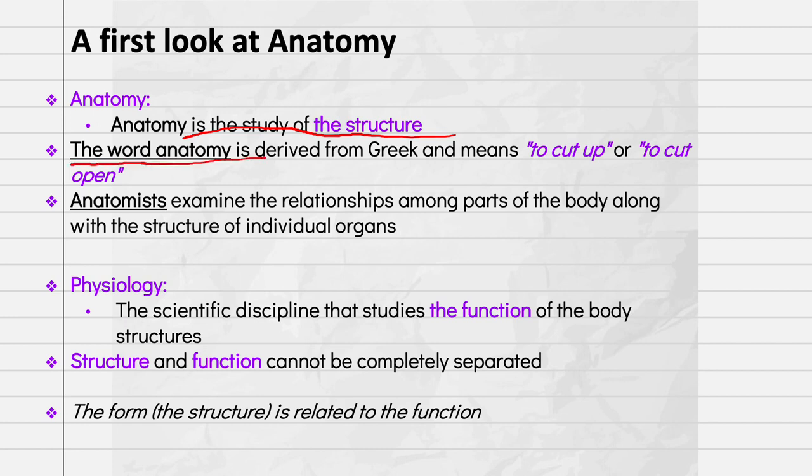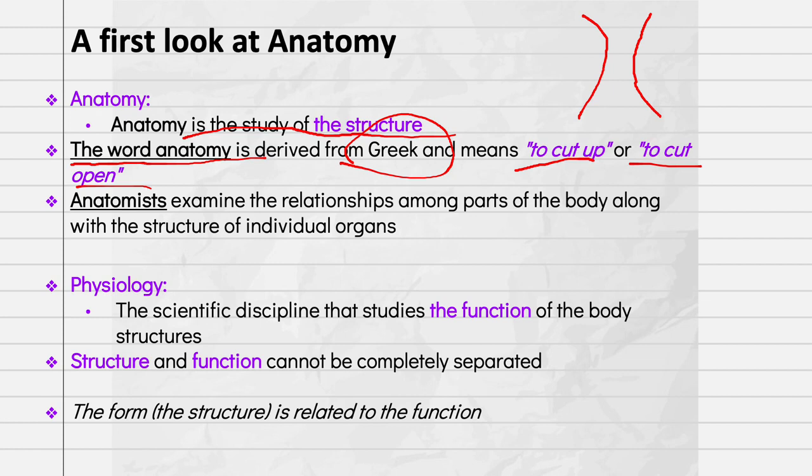The word anatomy is derived from the Greek language, and means to cut up or to cut open. So when we cut open a human body, in other words, when we dissect the human body, we can see different tissues such as muscular tissue, bone, skin.